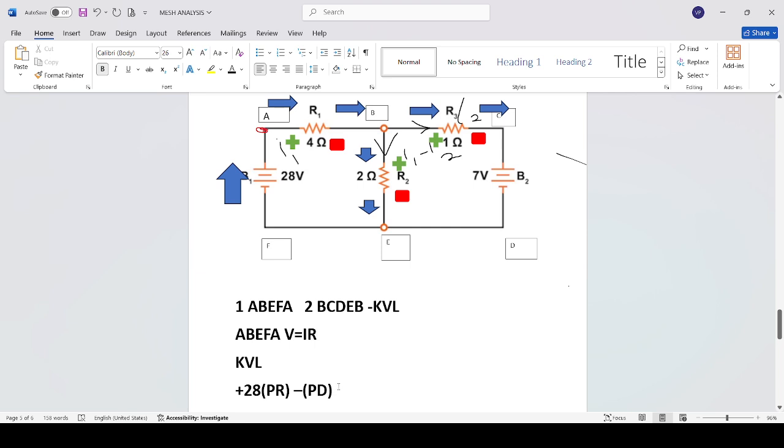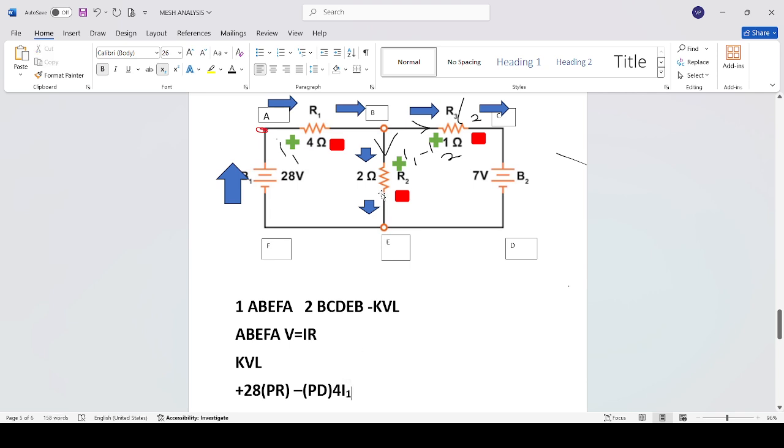Then you will get 4I1. So this is the voltage across this resistance: V is equal to IR, I is I1, R is 4 ohm.